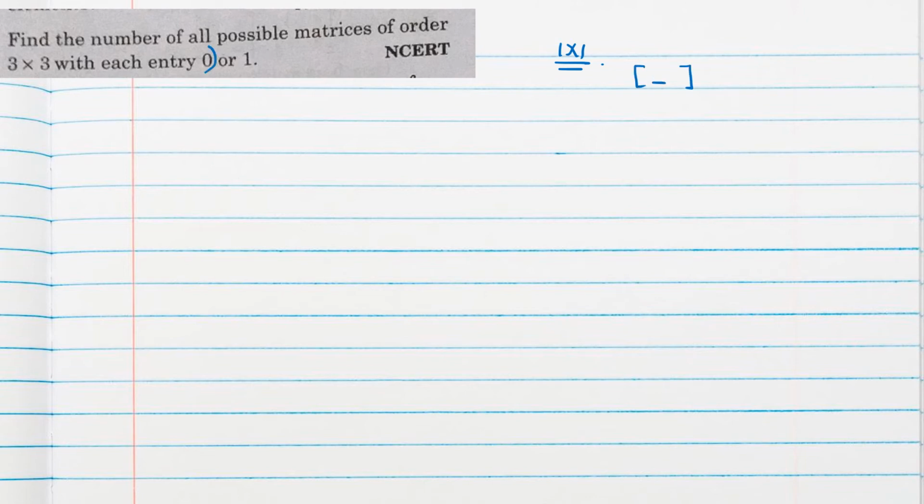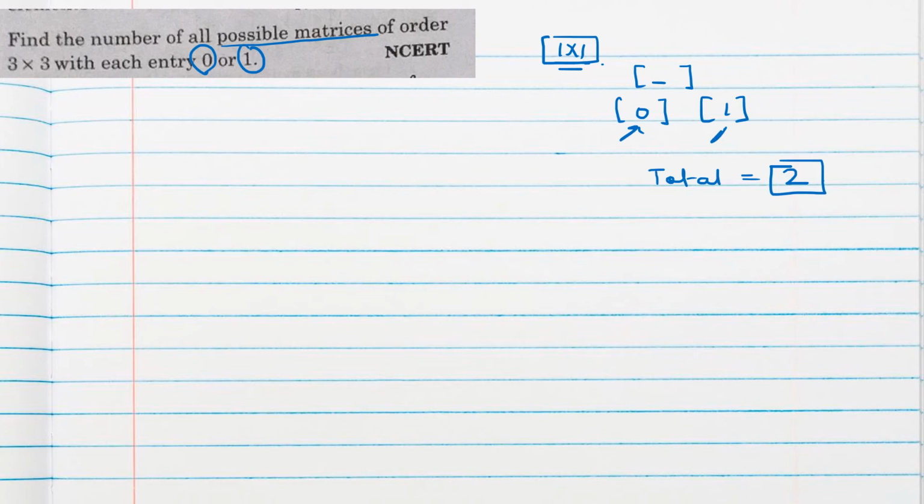That can be either 0 or 1. So suppose in one matrix I'll have 0, in another matrix I'll have 1. That means how many possible matrices do I have? Total possible 2. So for order 1 by 1, I have 2 possible matrices with entry 0 and 1.